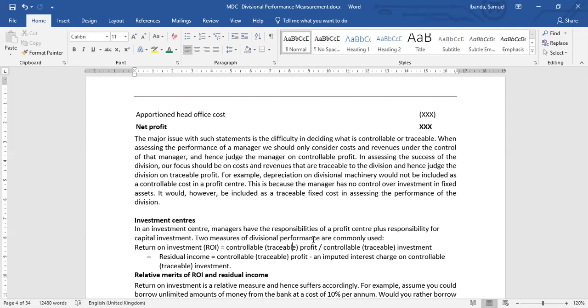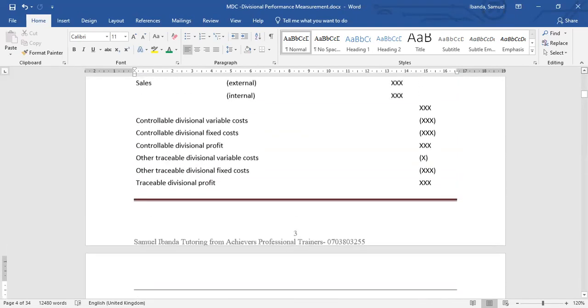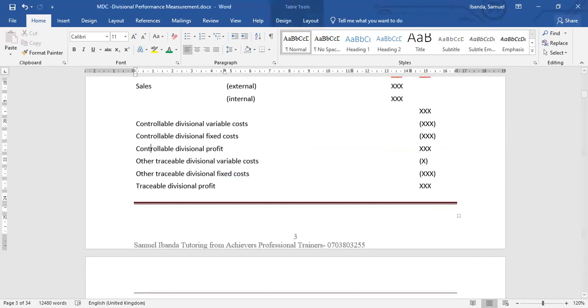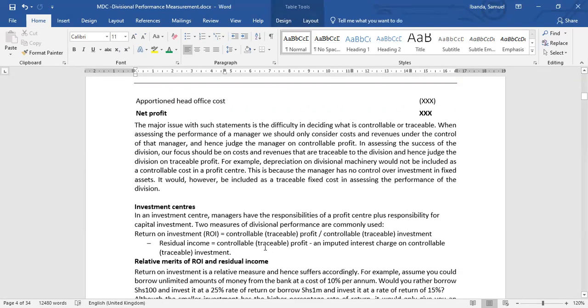Return on investment is basically a calculation of the controllable or traceable profit, which we just saw when it came to the profit center, the controllable divisional profit or the traceable profit, divided by the controllable or traceable investment.